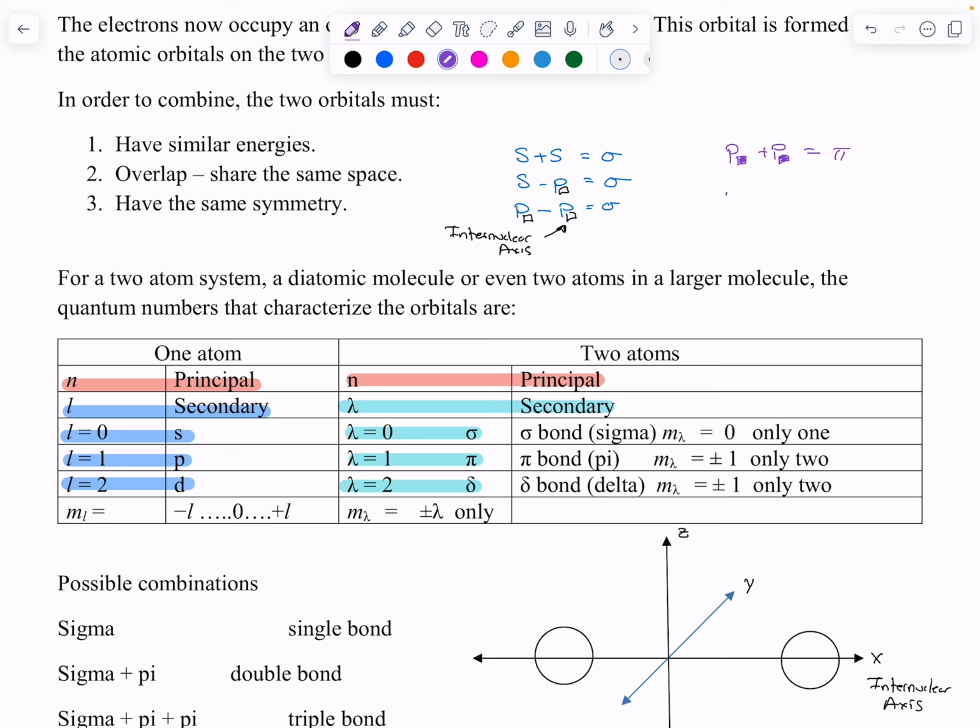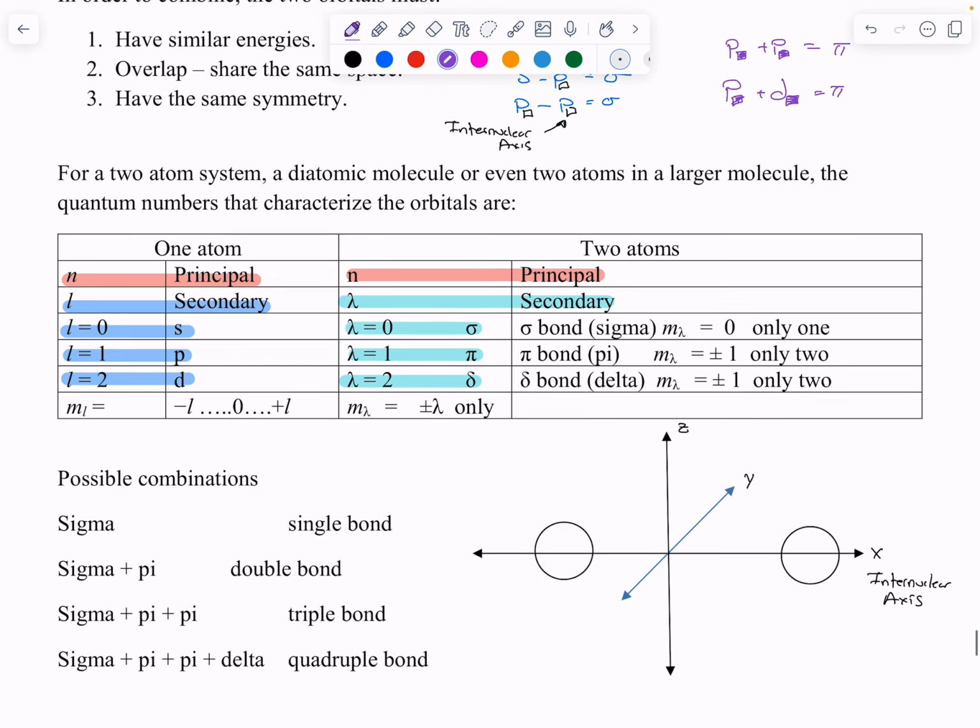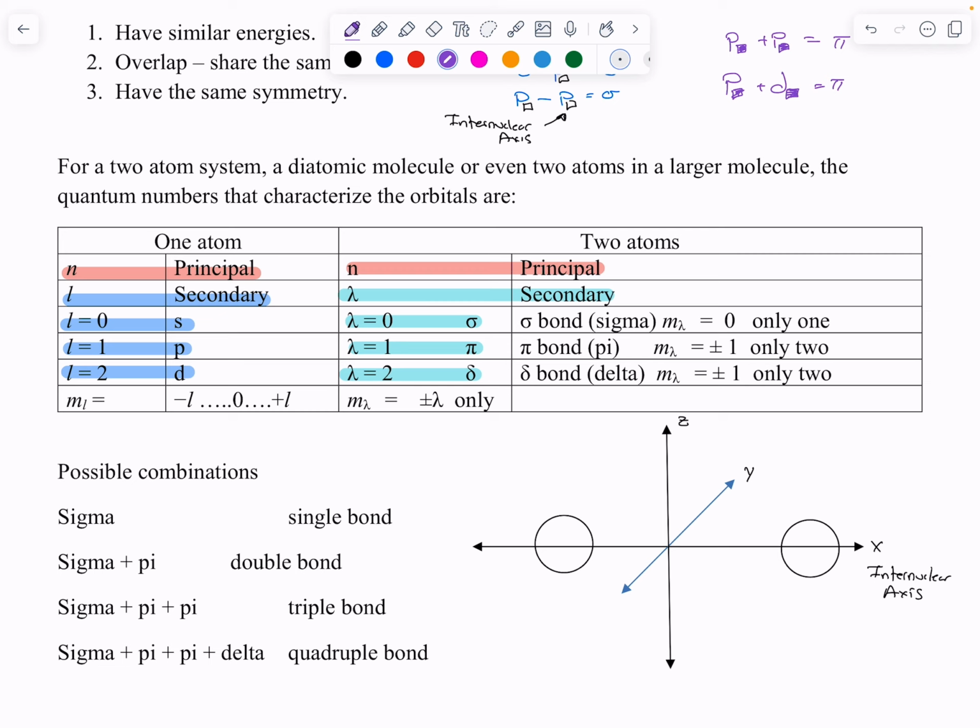Maybe we can have a p and a d. And then there is a delta bond, the quadruple bond, and that's going to be a d plus a d.